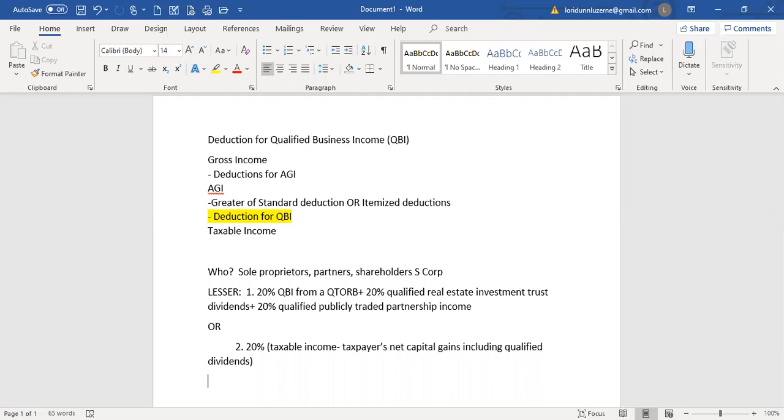Assume in our last one, she establishes her sole proprietorship to perform investment advisory services, and she reports $193,300 of taxable income before the deduction for QBI. Will her income from those services be considered QBI? Some of it. If she has $193,300 before this deduction, 60% of her income would not be considered QBI because the phase out starts at $163,300.